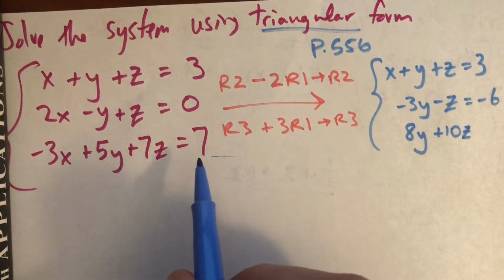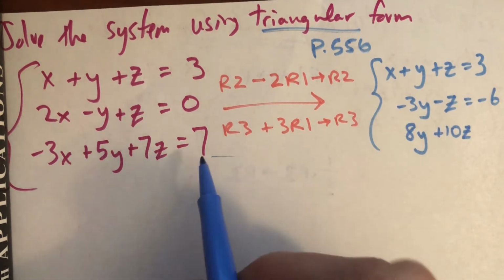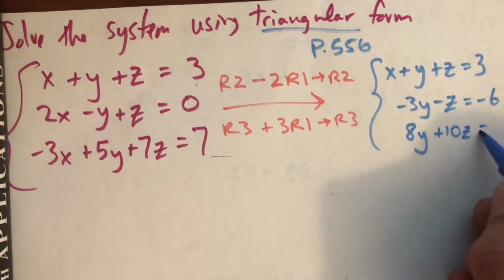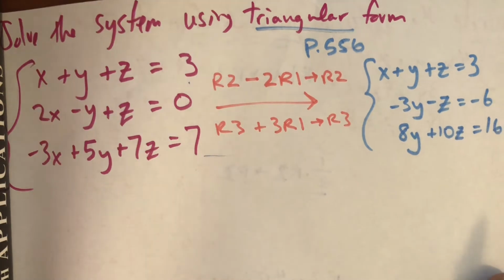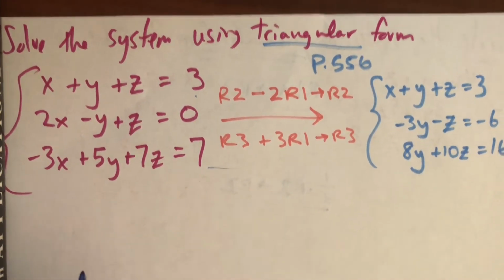And then 7 is what I'm pointing to. 7 plus 3 times 3 would be 7 plus 9, so that's 16. That's kind of off the page there just a tiny bit. We can slide that over just a touch.